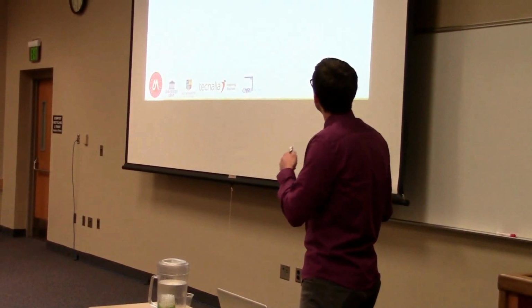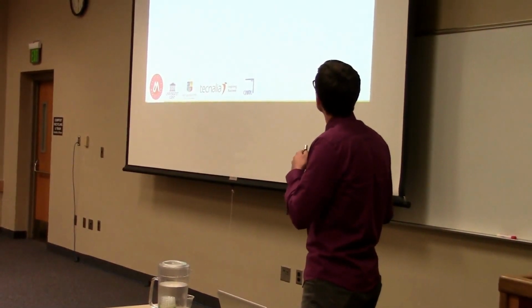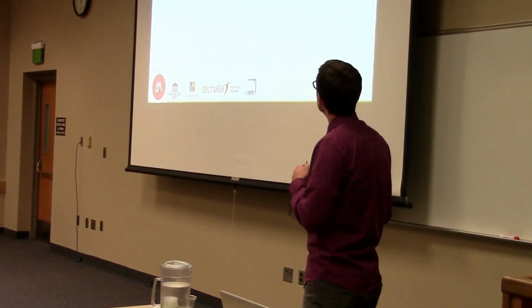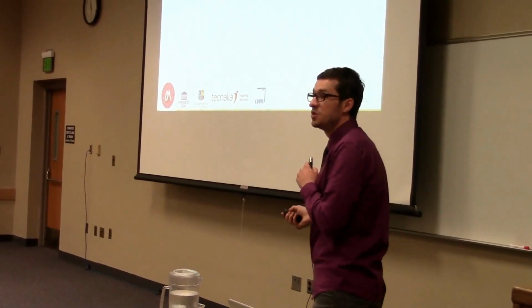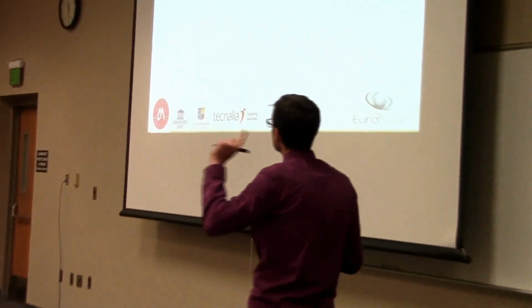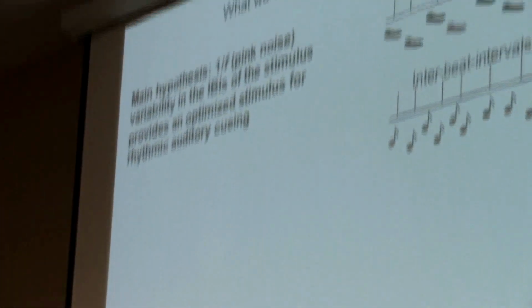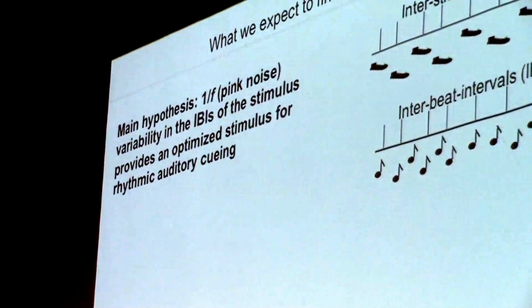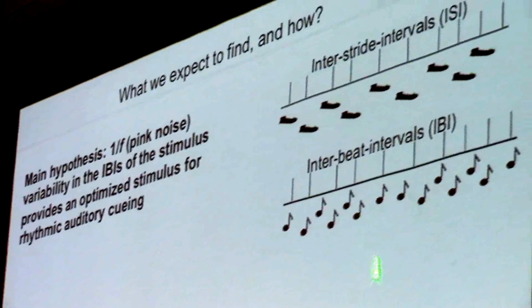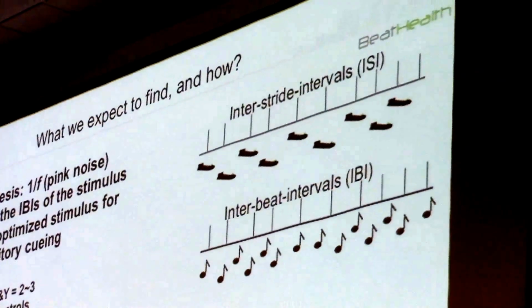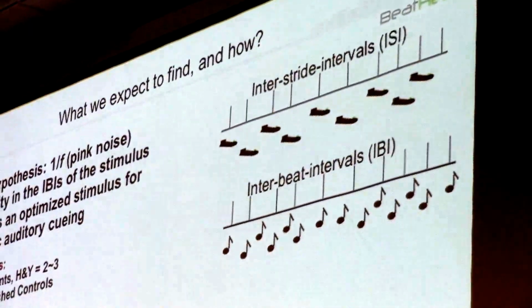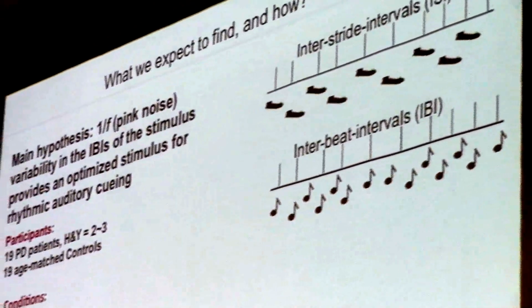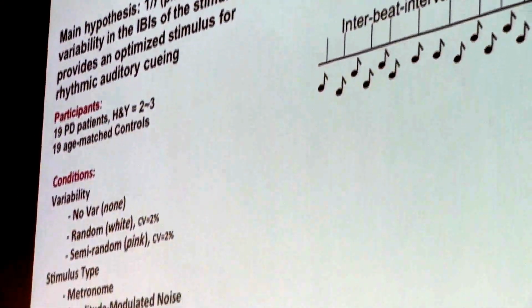In our study, they walk, we look at their interstride intervals, we deliver a cueing stimulus, so that's an auditory signal that is either a metronome, music, or something else that I'll explain in a moment, and see what happens. We manipulate variability, so we have three conditions: no variability, white, or pink.